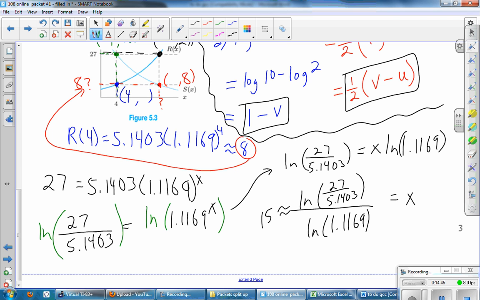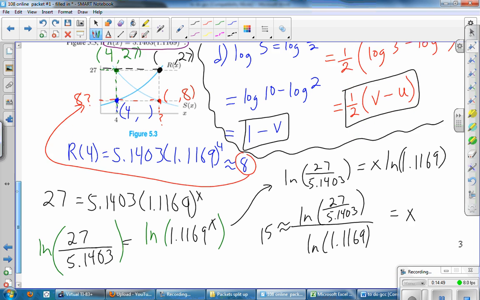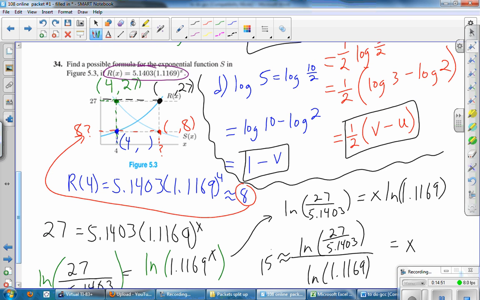Okay, so that's the x coordinate for the black point. So we can now fill that in. The 15 that we got here goes right in there. But oh, wonderful, that's exactly the other question mark that we were interested in. So ultimately the point that we have here is (15, 8).